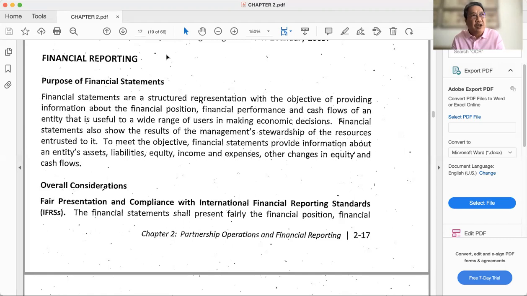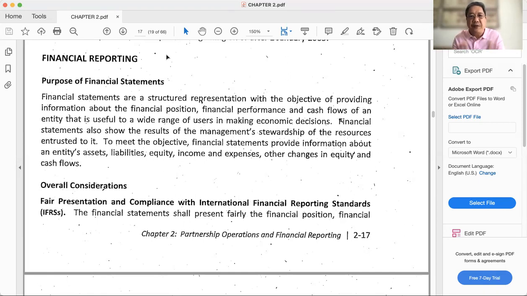Makikita yan. So, if you will remember each chapter na diniscuss natin sa chapter 1, sa accounting 1, ay meron doon mga ratios. Those ratios are very important which you will be able to use in your financial accounting subjects, higher accounting nyo.